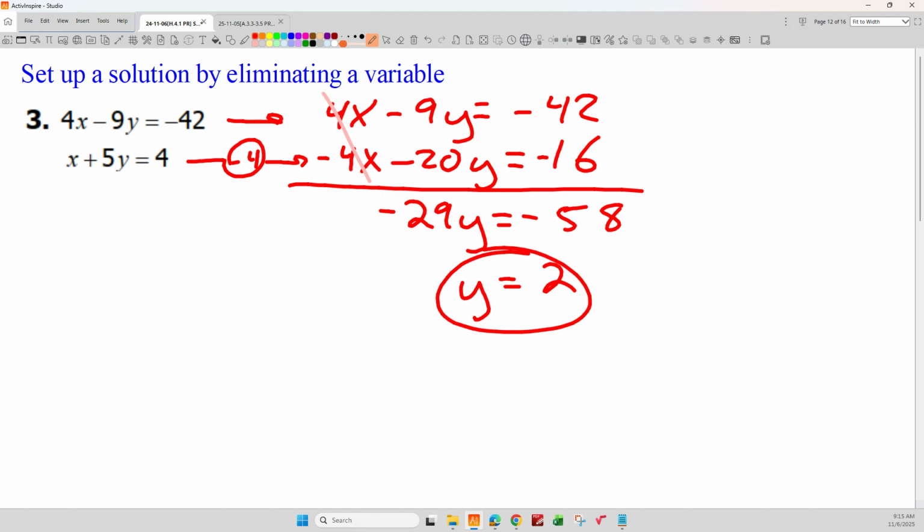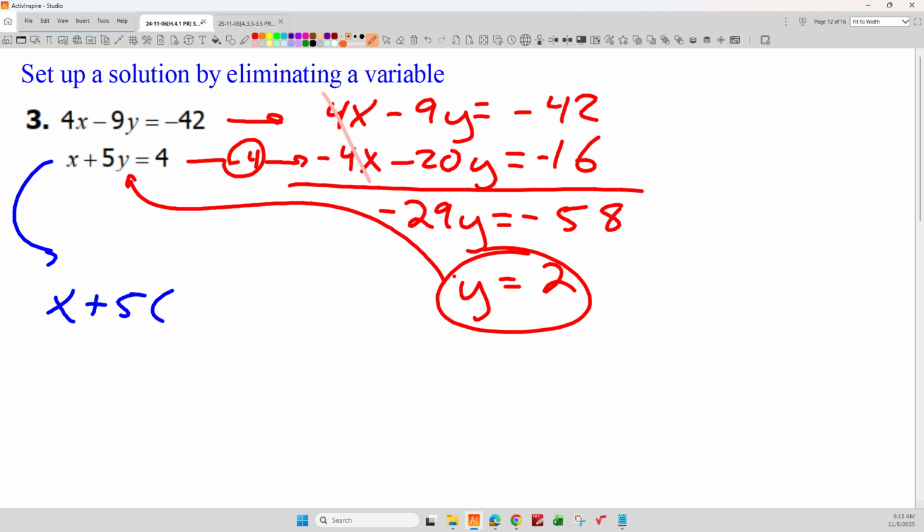Where am I going to plug that y? Top or bottom equation probably? Bottom would be easier, wouldn't it? Okay, so we'll plug this in right here. And then this bottom equation is going to become x plus 5 times 2 equals 4.